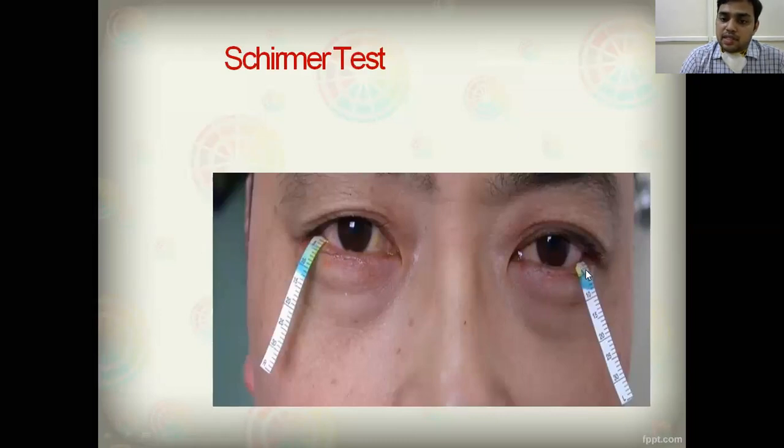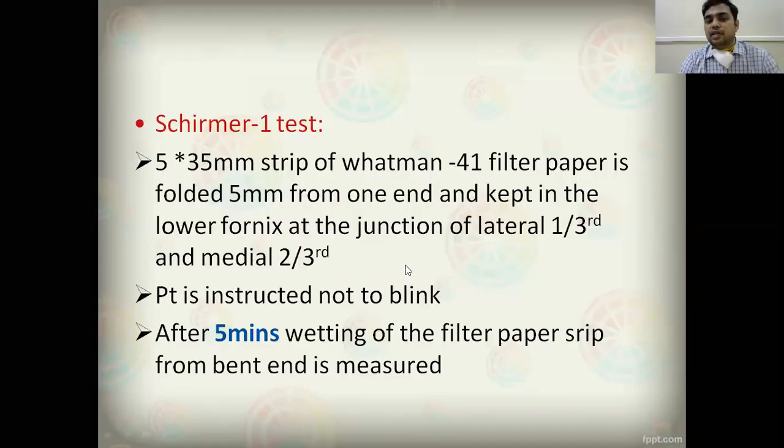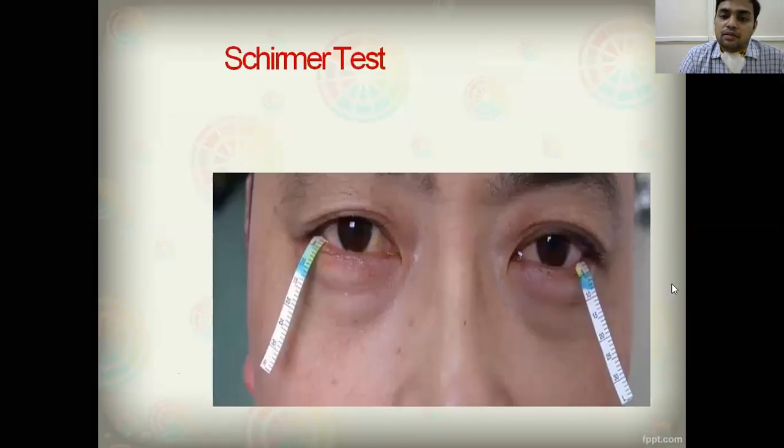This strip is placed in the lower fornix, bent at the level of 5 mm, and after 5 minutes we observe the wetting of the filter paper from the bent end.